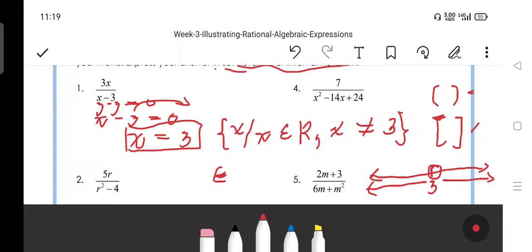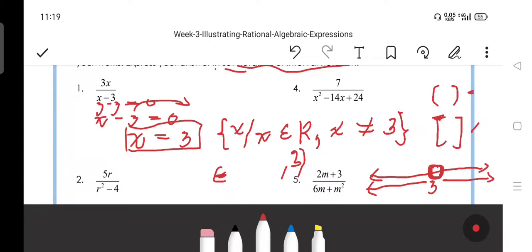Usually we denote this by a hollow circle, except at 3. And how are we going to express this in interval notation? We have 3, and to the left, all the numbers are negative numbers.